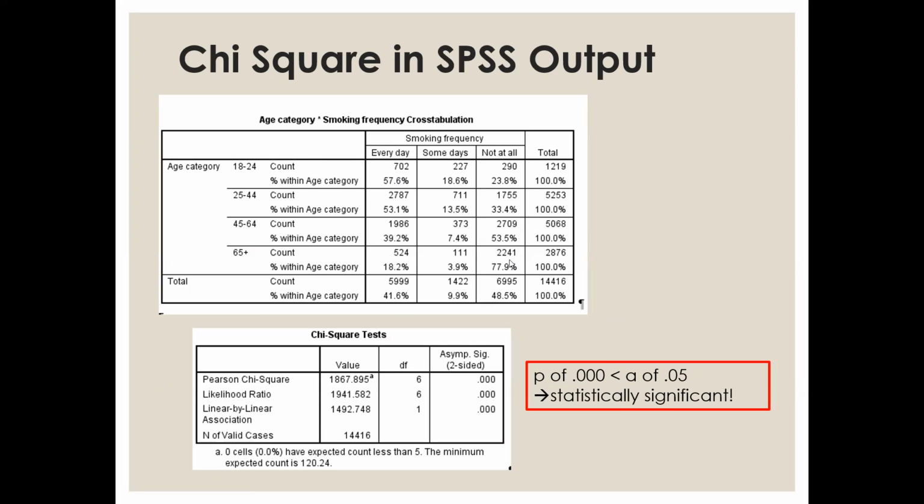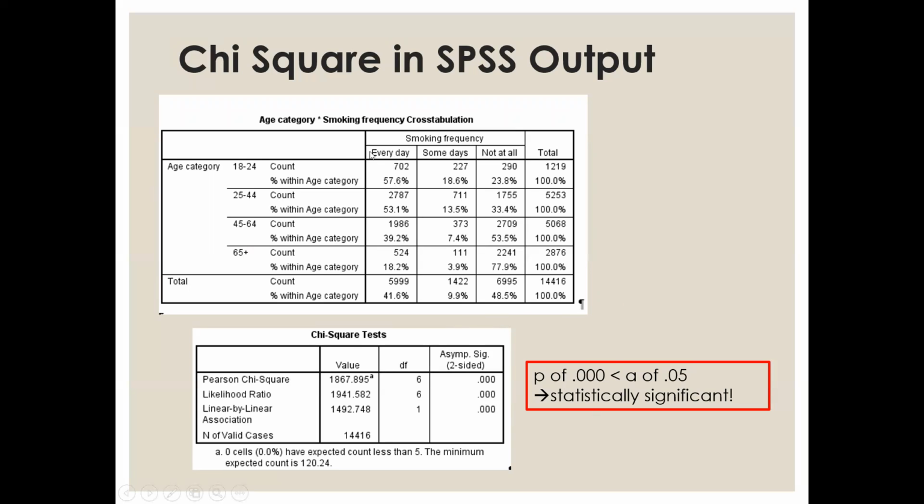But is that significant? We have to check it out, and we see it. Not only is it significant, it's significant at the highest level. This, if we did it, would get 3 asterisks.